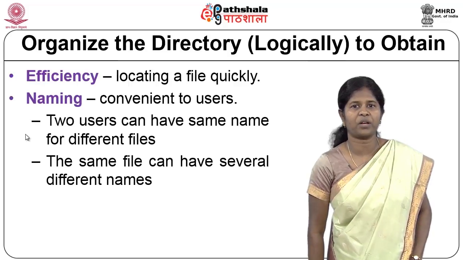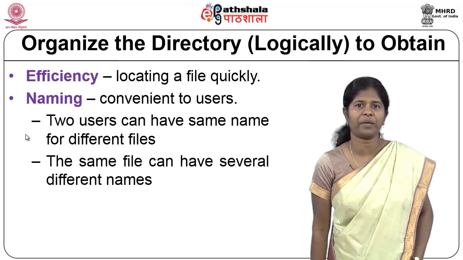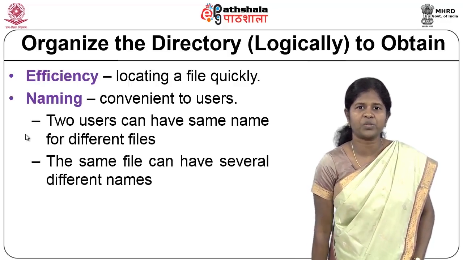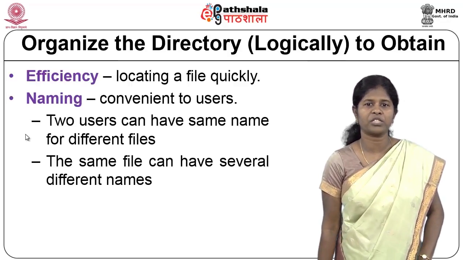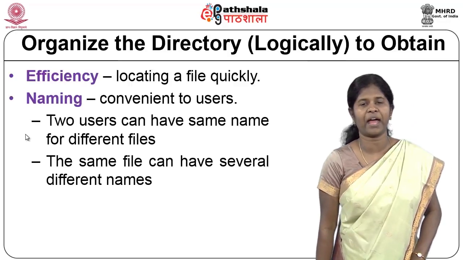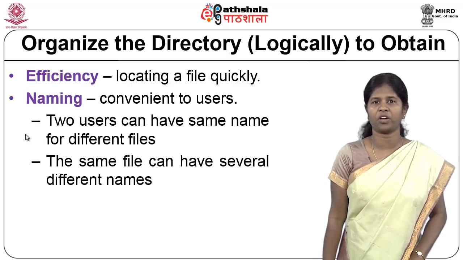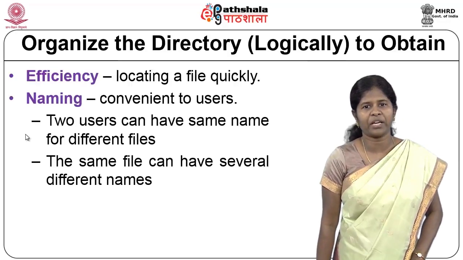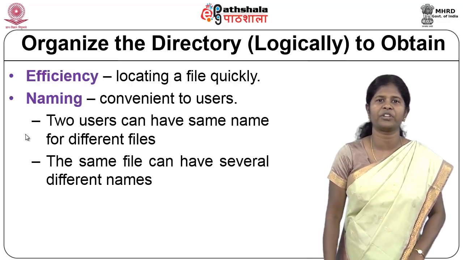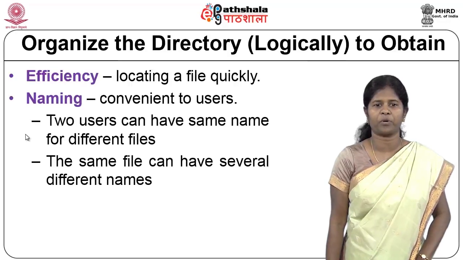That should not be allowed. Two different files should not be given the same name. And it is also possible that the same file can have several different names depending on who is using the file. So, this naming convention has to be taken care of to organize the directory properly.